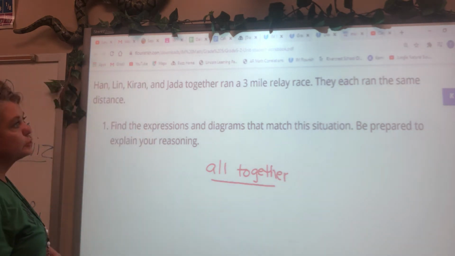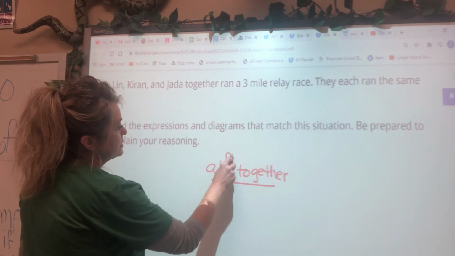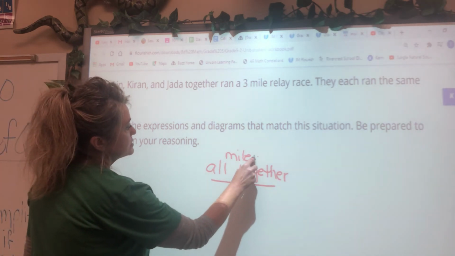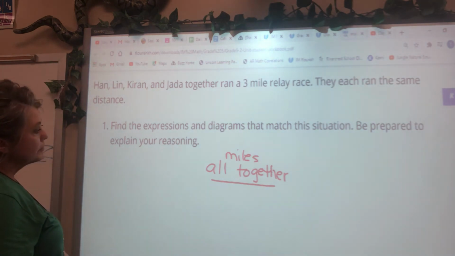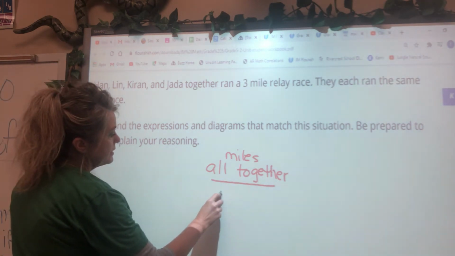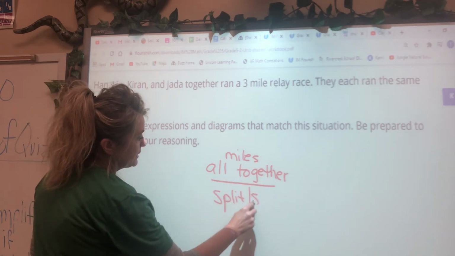And in this situation, the thing that we're looking at as being all together is the miles in that relay race. And then what would be on the bottom of our fraction is always how many times it was being split or shared.